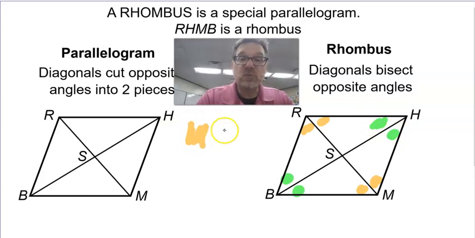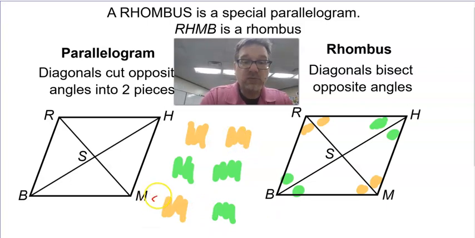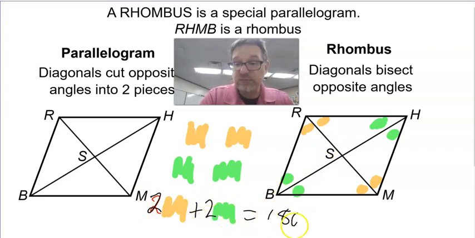Of course, orange will equal orange, green will equal green, and I'm going to add something: I know 2 oranges plus 2 greens, because they're cut in half, equals 180.